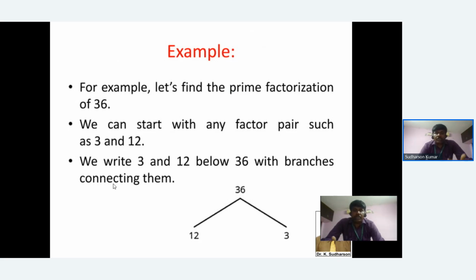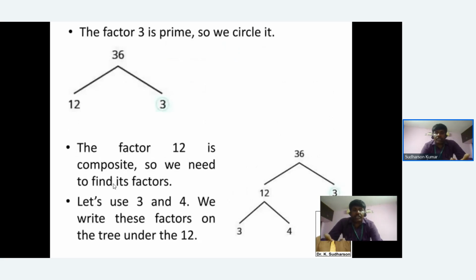For 36, we can multiply 12 with 3, and we get 36. That is the first factor, 12 into 3. Then again, we can split the number 12 into one more factor, 3 into 4.